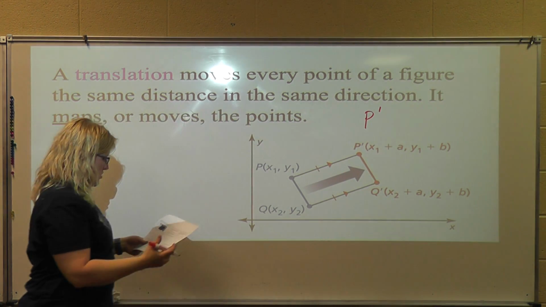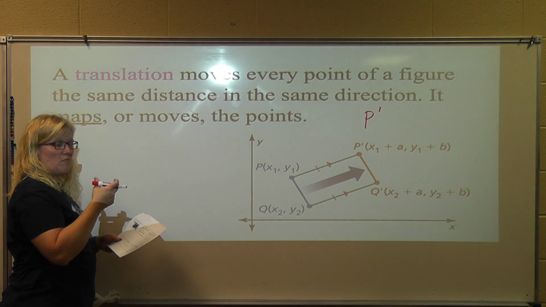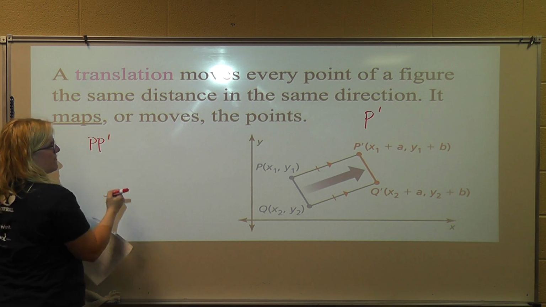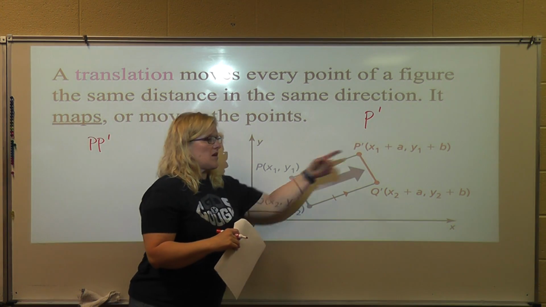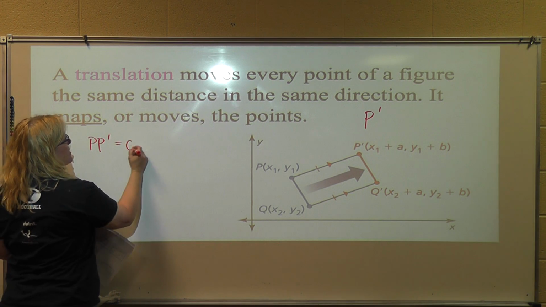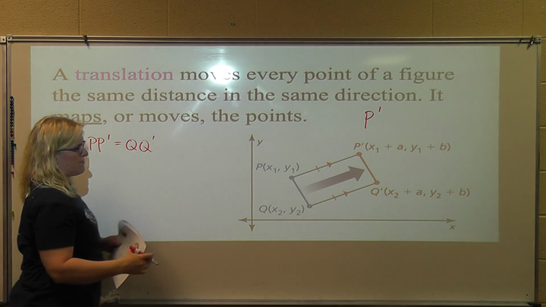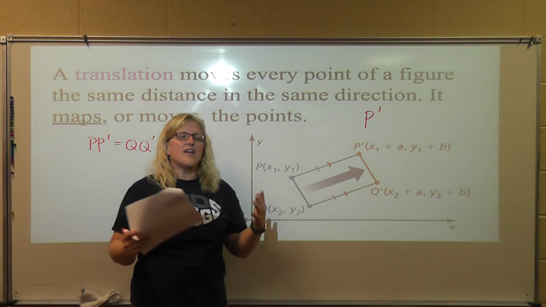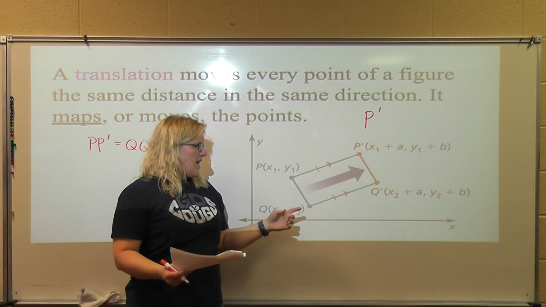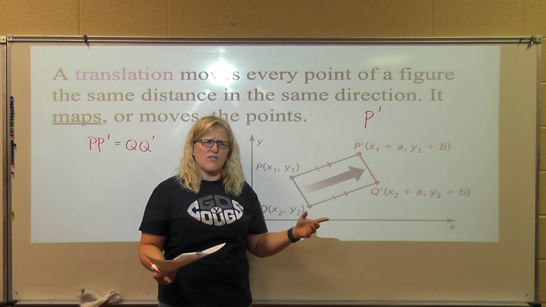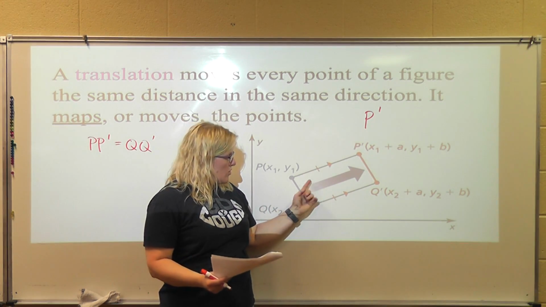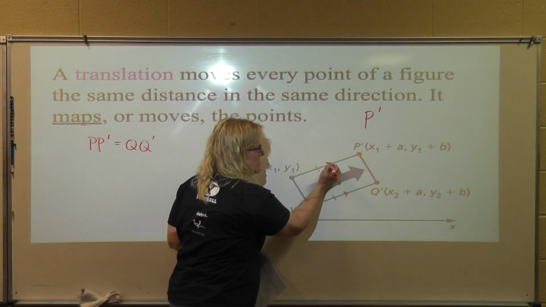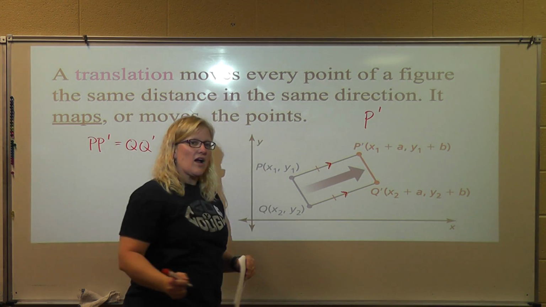Okay, so a couple things to look at when we have mapped something. The length P to P prime is the same as the length Q to Q prime. So the length from here to here is the same as the length from here to here. Another thing you need to notice, and we didn't go over that this year, I don't know if you've talked about this in years past: when you have two lines like this and they've got little arrows like this, it means that they're parallel.